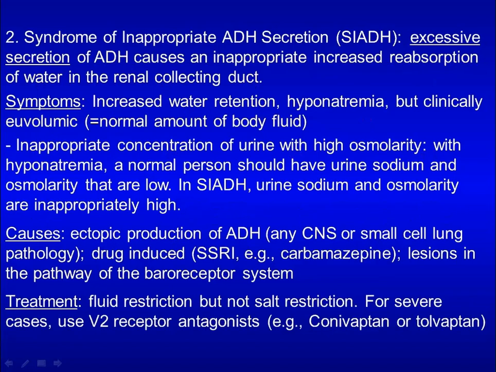It may be caused by ectopic production of ADH, use of certain drugs such as selective serotonin reuptake inhibitors, and lesions in the pathway of the baroreceptor system. For treatment, apply fluid restriction but not salt restriction.